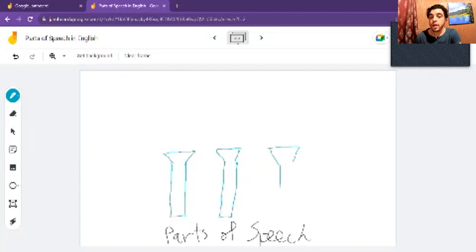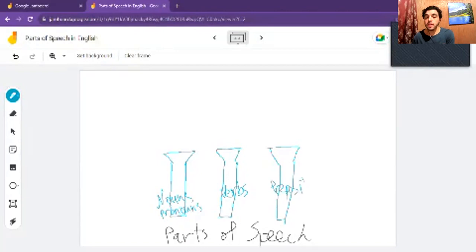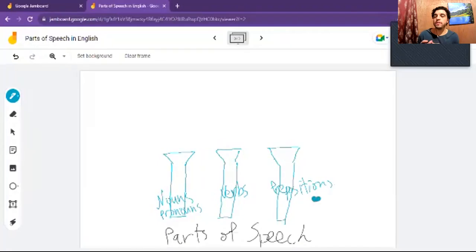If you want to master the basic level of the English language, you want to be focusing on nouns, and obviously pronouns, then the verbs, and then prepositions. These are the three pillars. Get these right, and the rest will kind of fall into place.